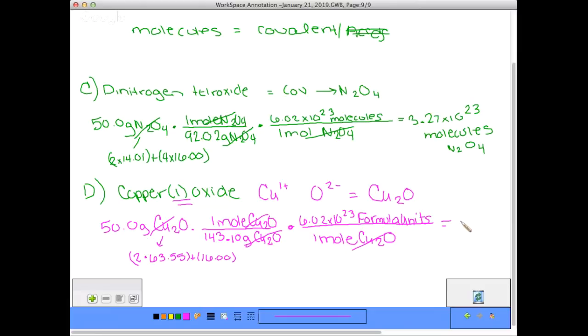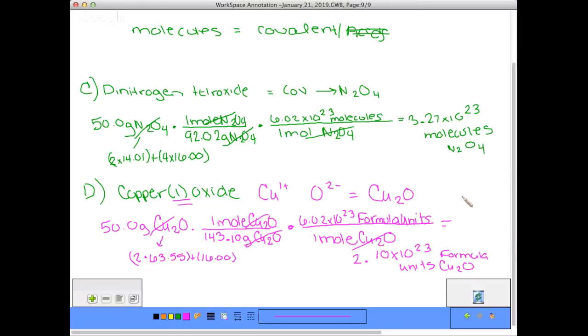And so if we do that math, 50 divided by 143.1, and we multiply that by 6.02 times 10 to the 23rd, we get 2.10 times 10 to the 23rd, and this is, again, formula units of copper oxide, or copper 1 oxide.